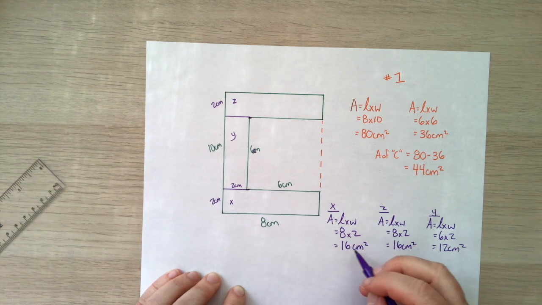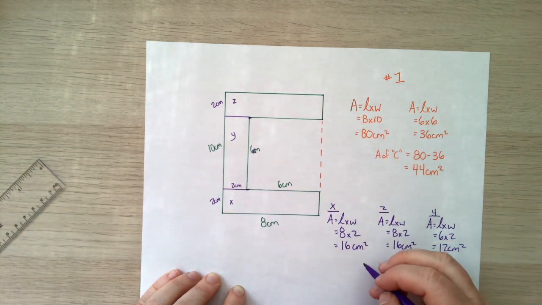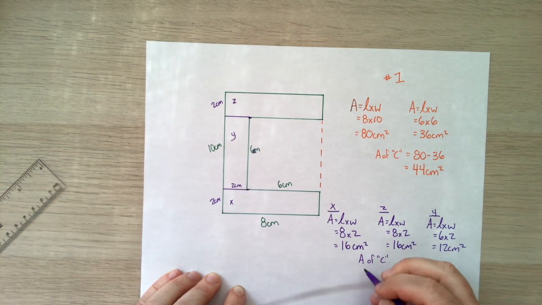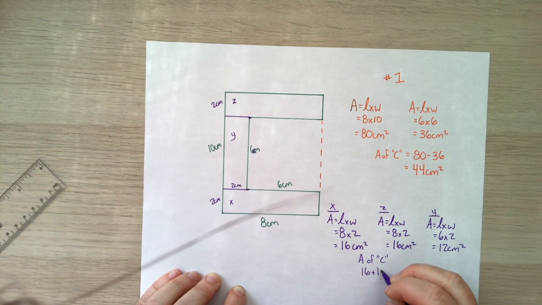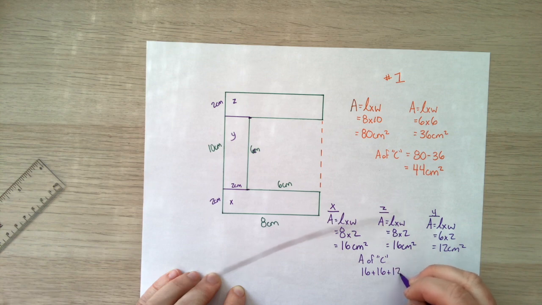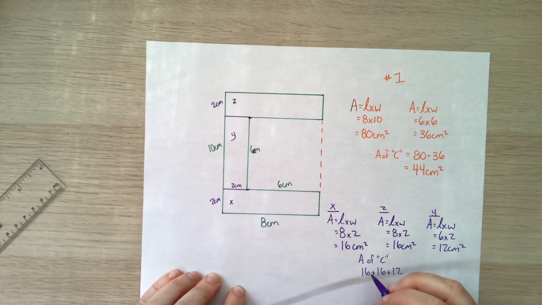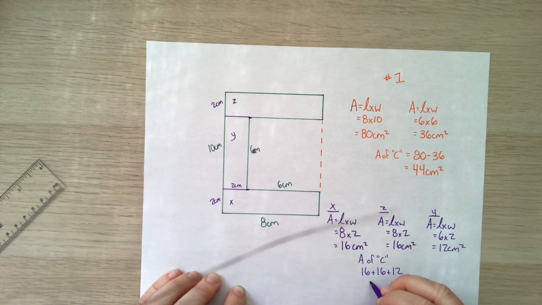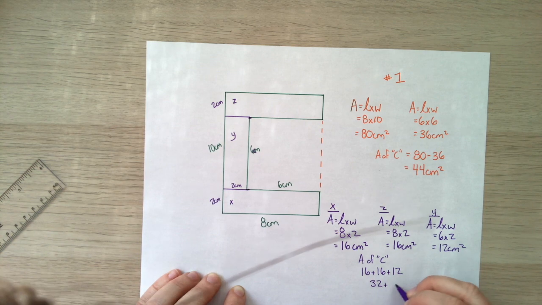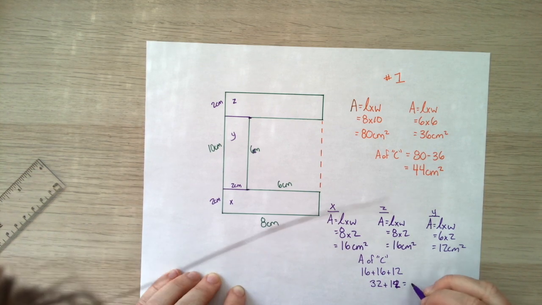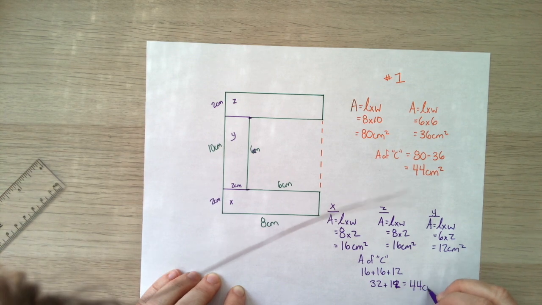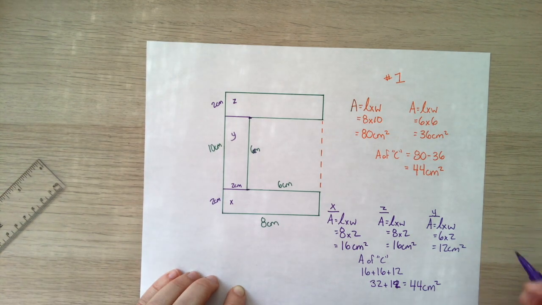Then what you have to do is add all of these up in order to figure out the area of C. So 16 plus 16 plus 12. 16 plus 16 is 32 plus 12, whoops, equals 44 centimeters squared.